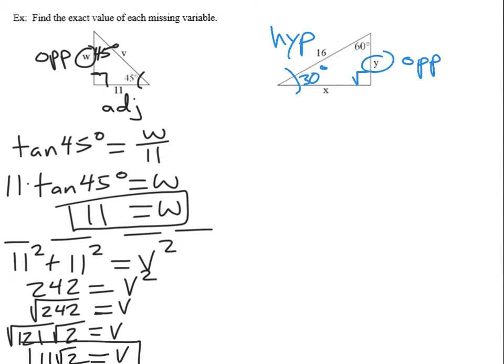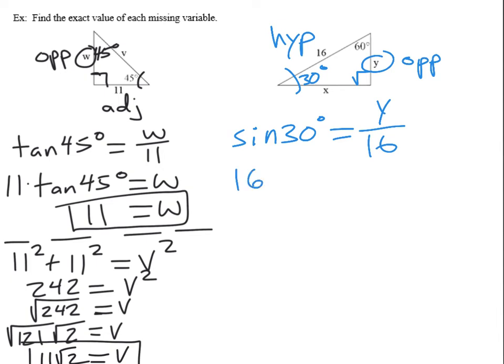In the previous problem, I wanted the opposite side, but I was given the adjacent side, so I had to use tangent. Over here, I want the opposite side, but I'm given the hypotenuse. Means the trig function I need to use is sine of 30.